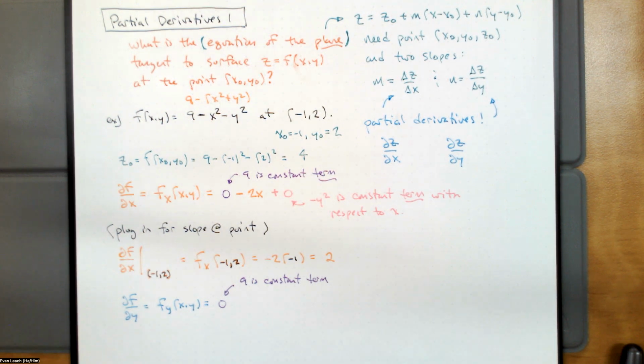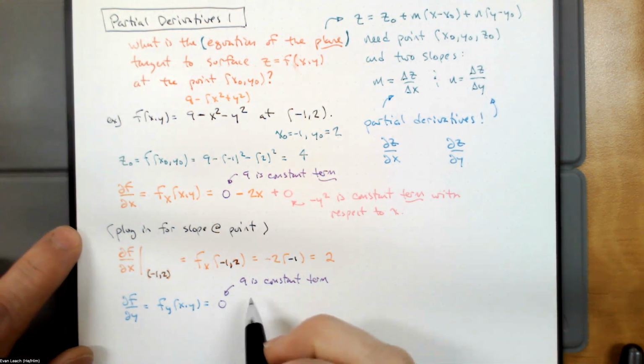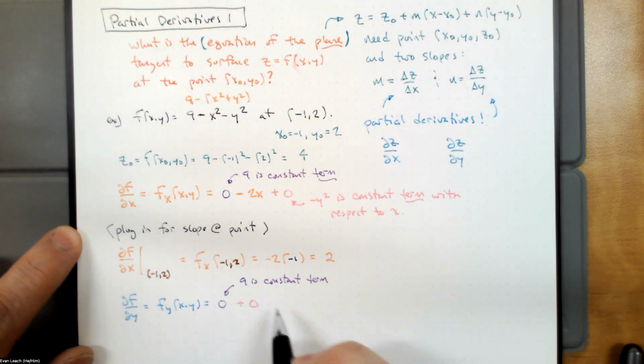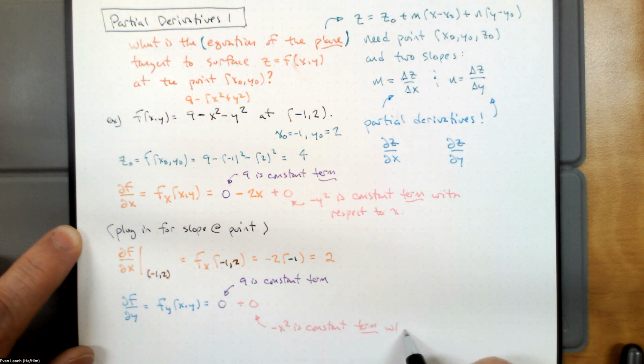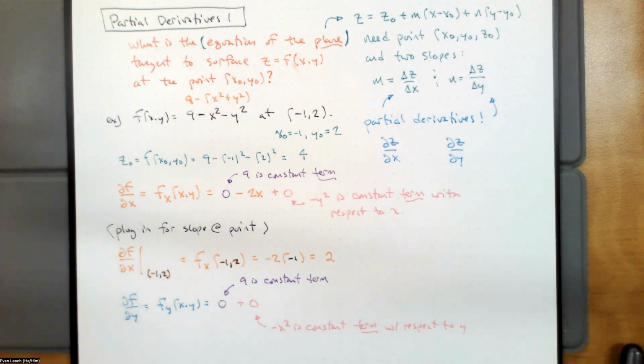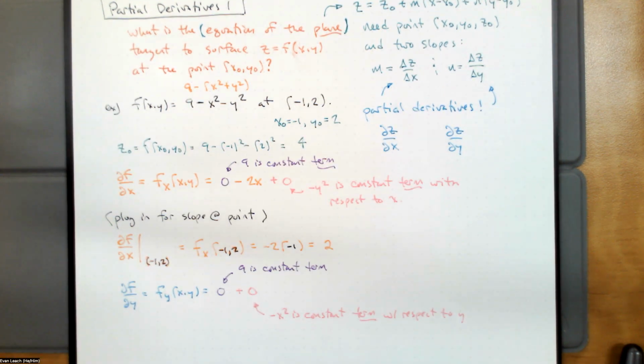So minus x squared is a constant term with respect to y, so that is 0. Now we're just looking at one column in the table and looking at how y affects z. And then the derivative of minus y squared is minus 2y.